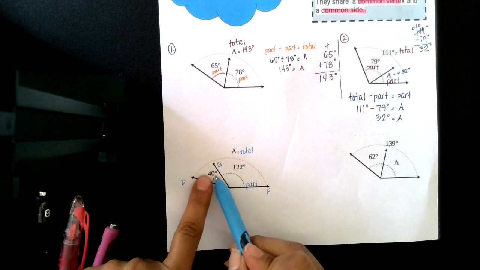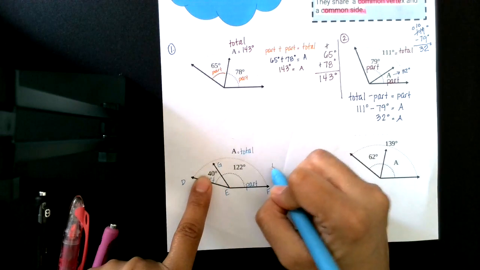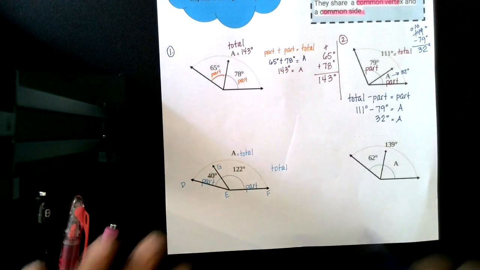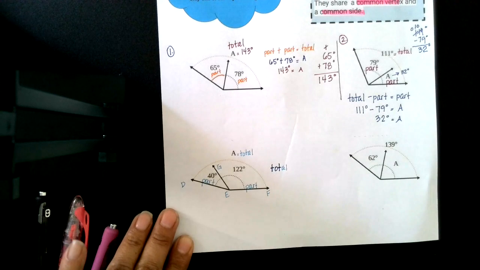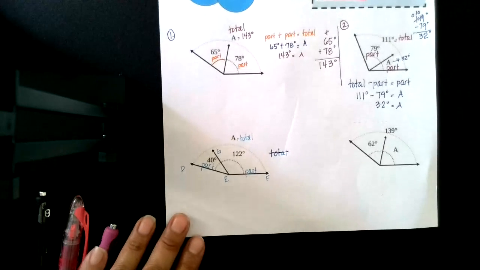Okay, so 40 degrees. We're going to use the top one, total. Hold on, let me switch out pins. Oops, Ms. V, I made a mistake. Okay, so just draw a small line.